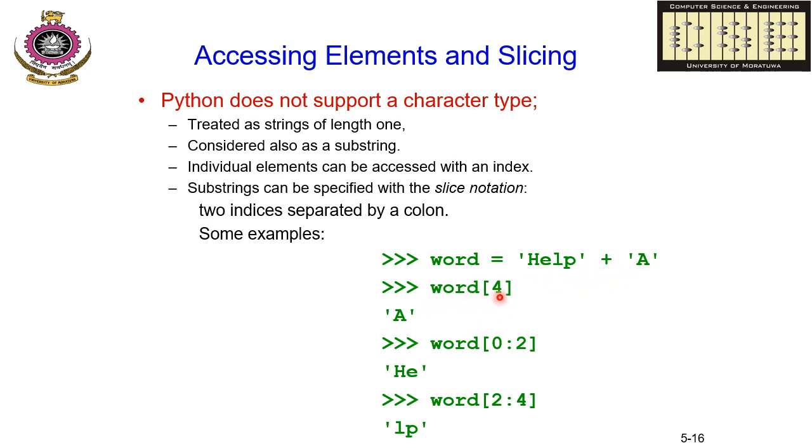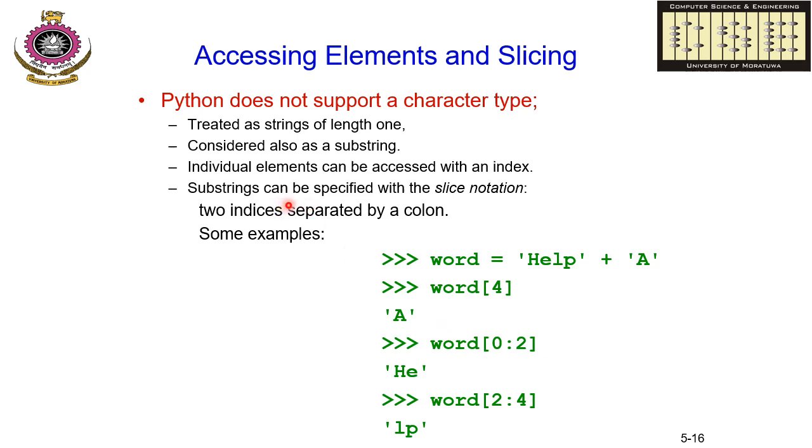So when you say word[4], we are asking for the last character, because the index starts from 0: 0, 1, 2, 3, 4, that means 5 elements. So word[4] accesses the last element, which is A. That is the expected output.